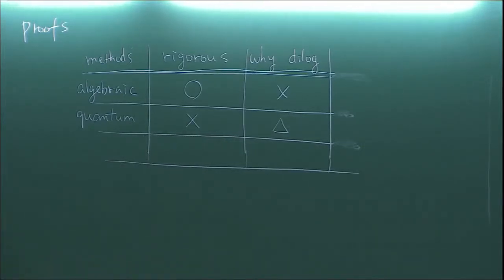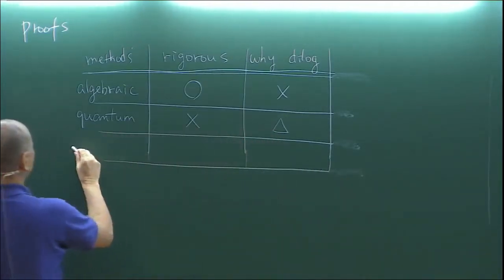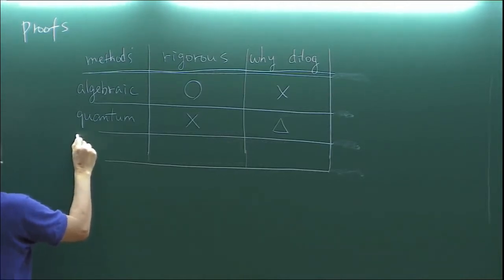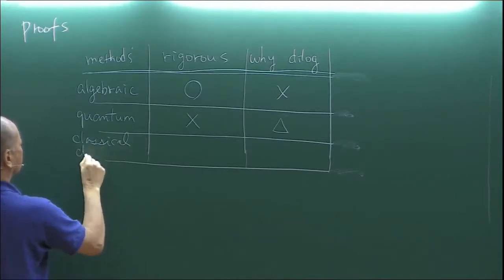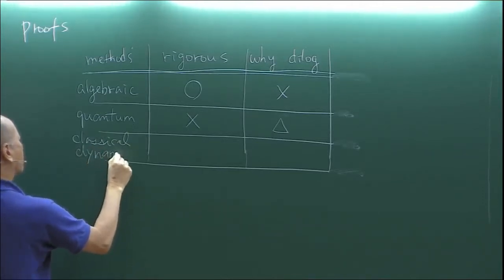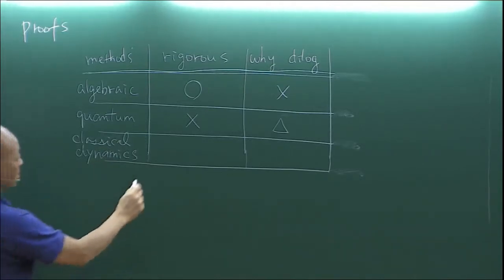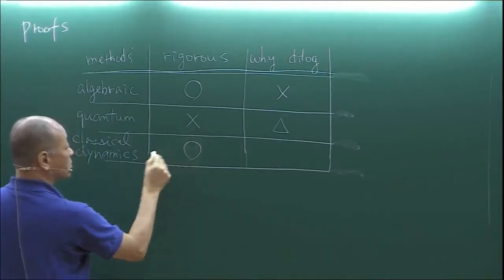So I continued to consider this problem, and finally I ended up with the following approach. It is, I would call, the classical dynamics approach. And the good thing is this uses some physics idea, but nevertheless everything is rigorous.